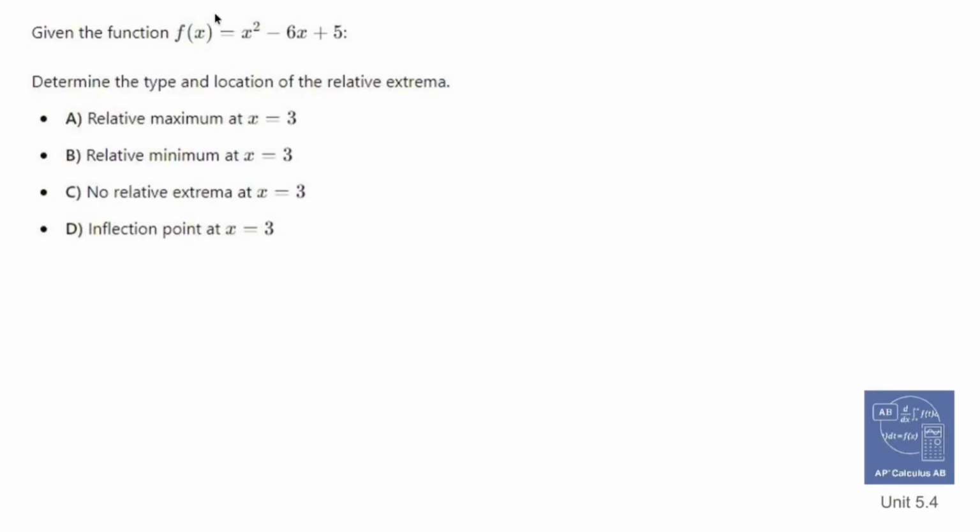Given the function f of x equals x squared minus 6x plus 5, determine the type and location of the relative extrema. All right, well, this is what we're going to do. We're going to find our critical points. The way you find your critical points is you do the derivative and set it equal to 0. So f prime of x equals 0.